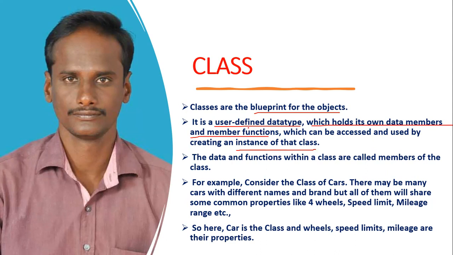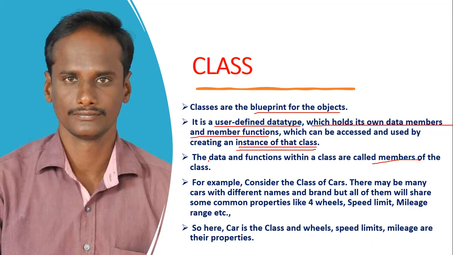For example, a class is a user-defined data type. I define a class, and that class holds some data members and member functions. If you want to access those data members and member functions, you should create an instance of that class. The data and functions within the class are called the members of the class, simply class members.